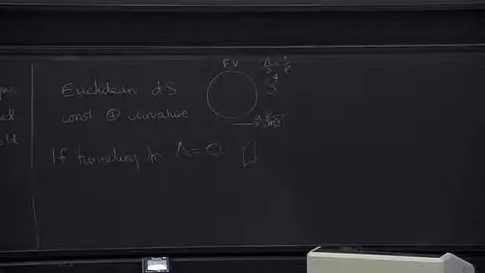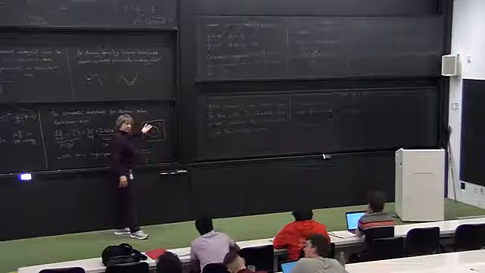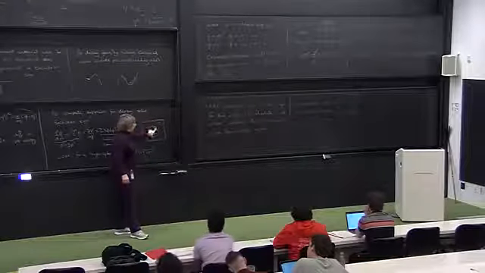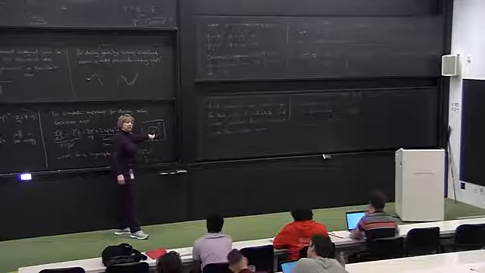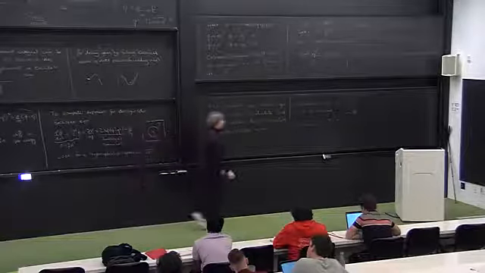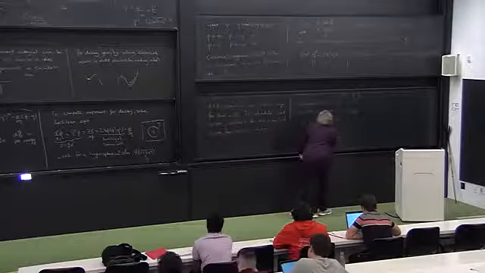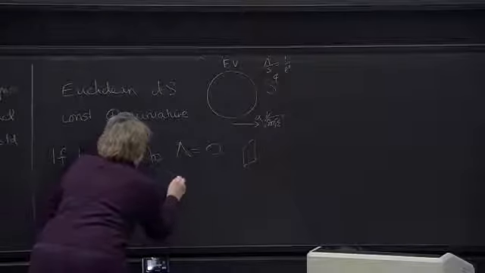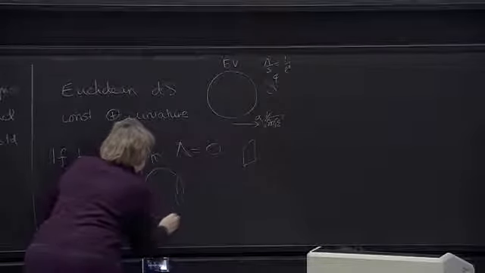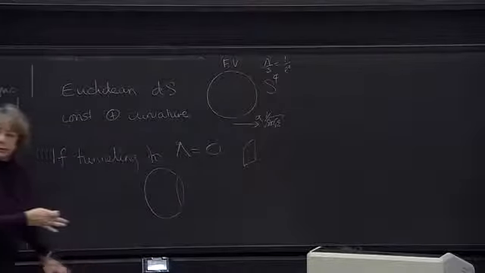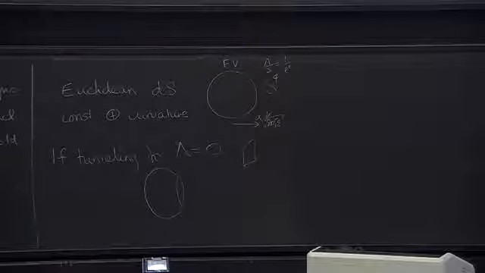So our bubble solution, the analog of this, is that I have to have flat space inside the bubble, and outside the bubble a sphere. So the way I do that is I take my sphere and I cut its nose off. So I hope that's clear.